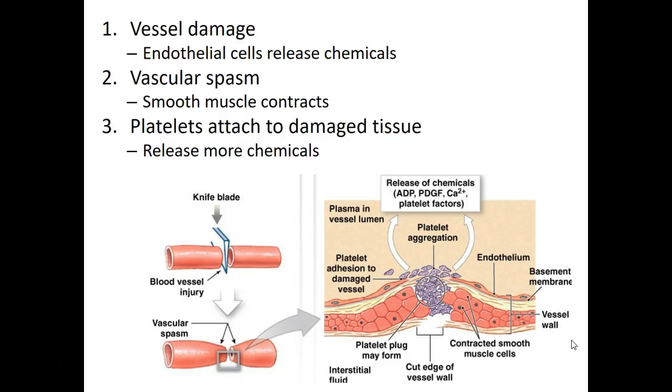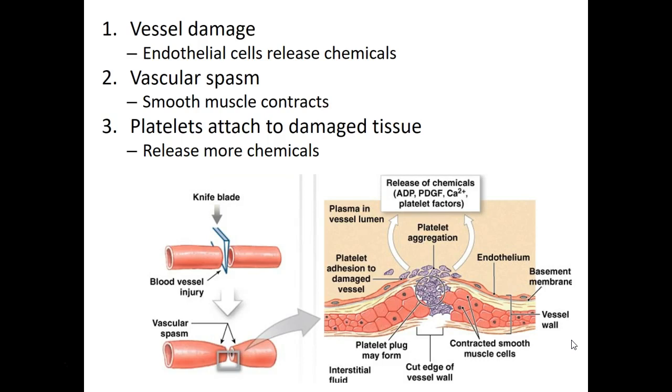All right. So this is pretty much what I was just telling you. You get vessel damage, and the specialized epithelial cells called endothelial cells that line blood vessels will release chemicals, but you also get components underneath the endothelium getting exposed to the blood, and therefore going to activate and recruit other platelets.